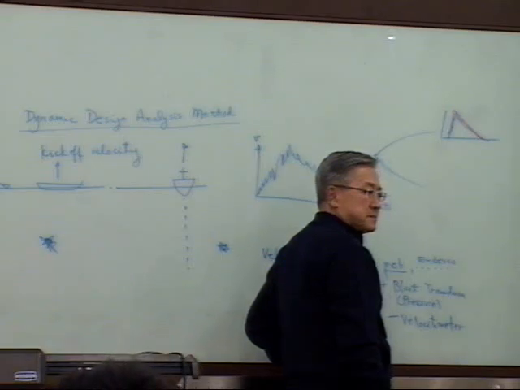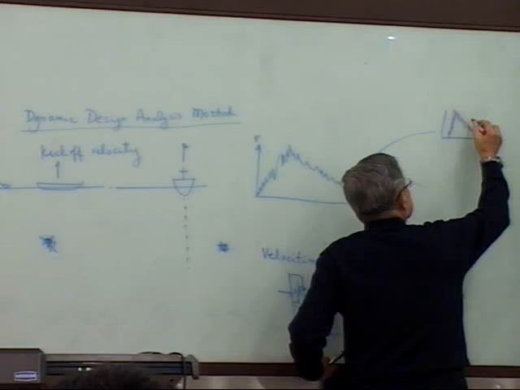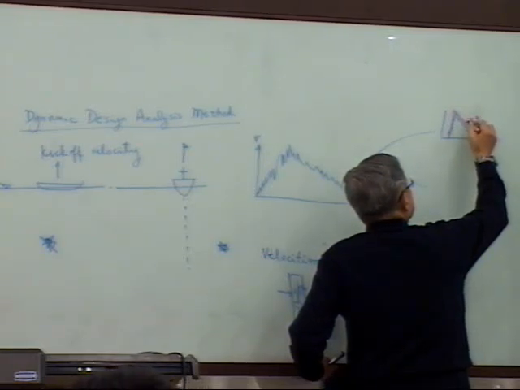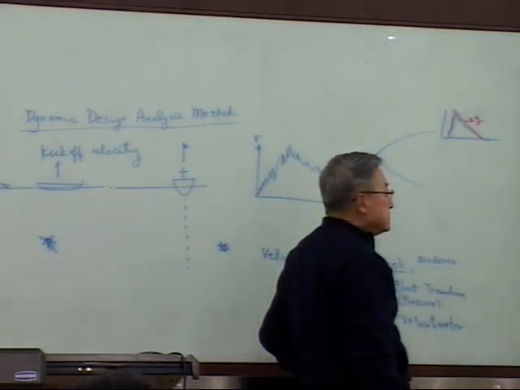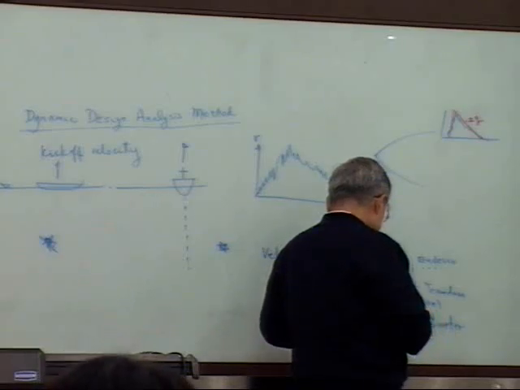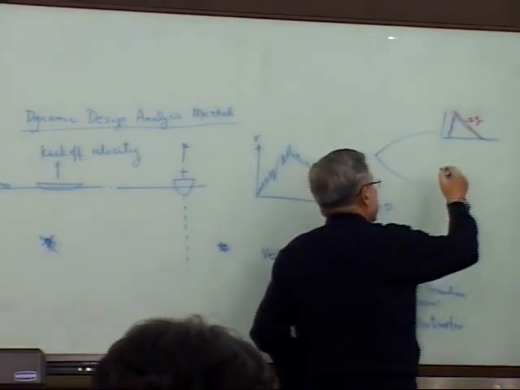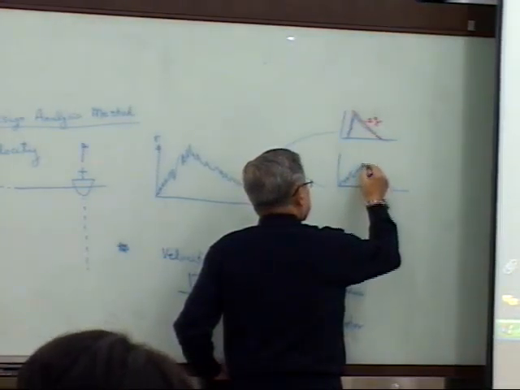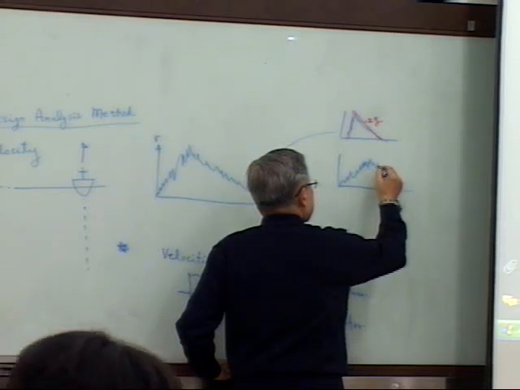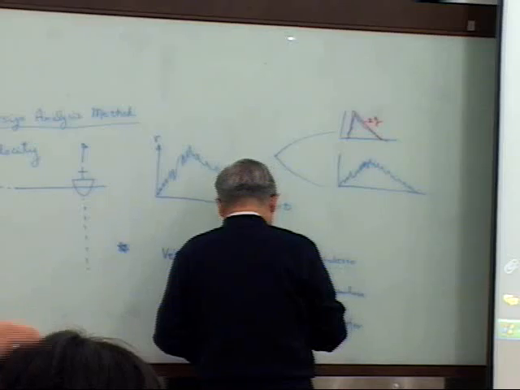Roughly, this is about negative 2g, as far as the slope is concerned. And for a submarine deep in the water, it could be like this.